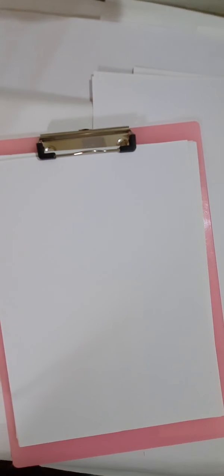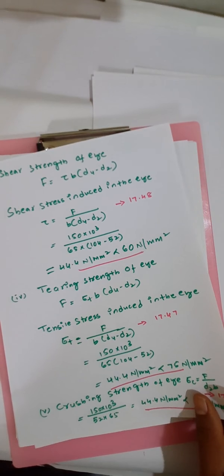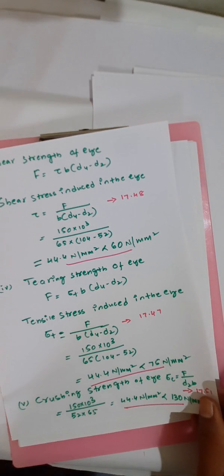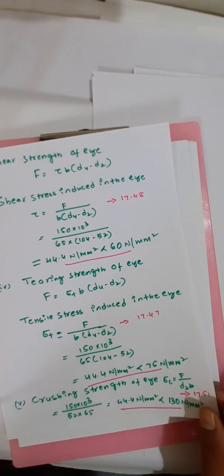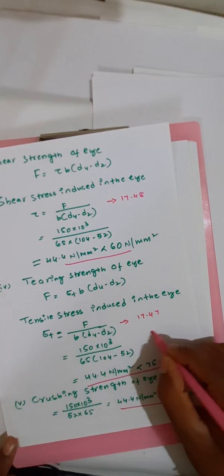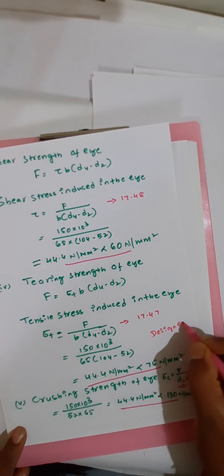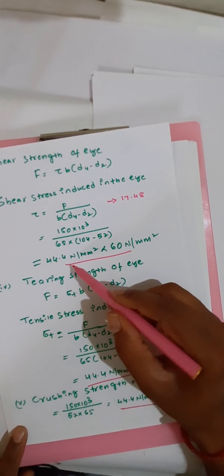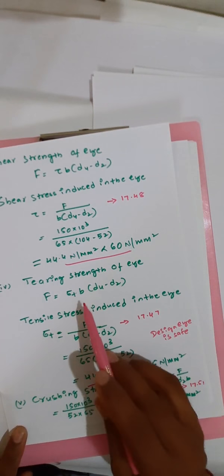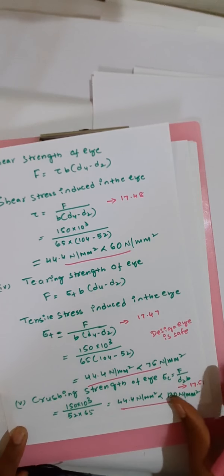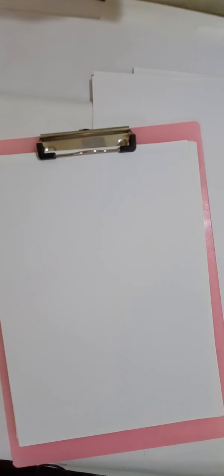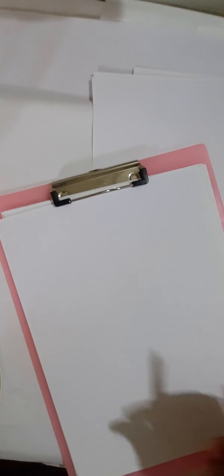Next we need to write a comment: the induced stresses in shear, tension and crushing are less than the permissible or design stresses, so the design of the eye is safe. Next we go for the design of the fork.